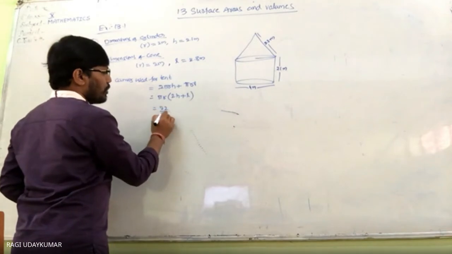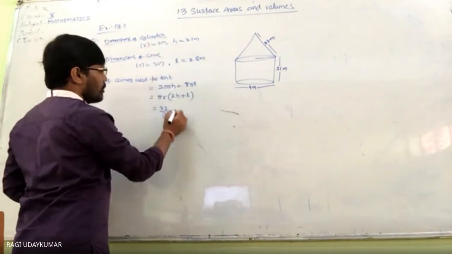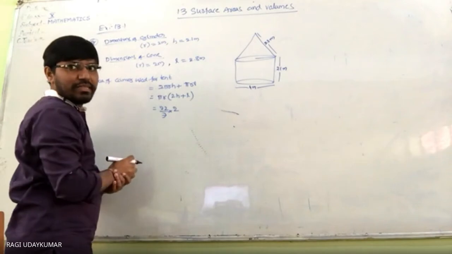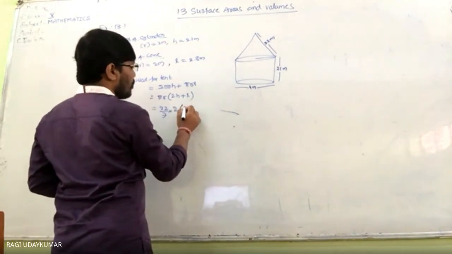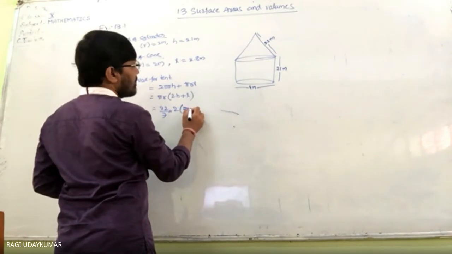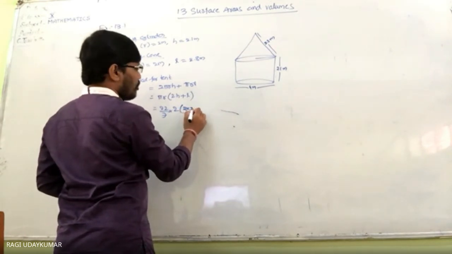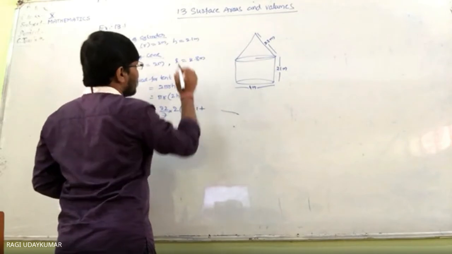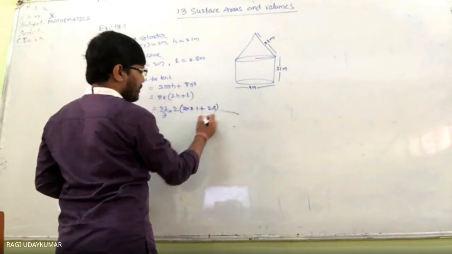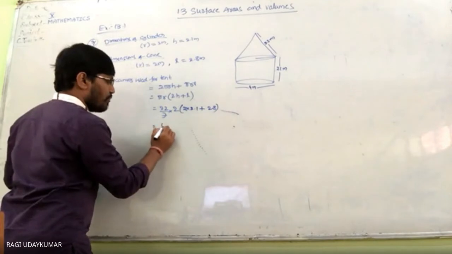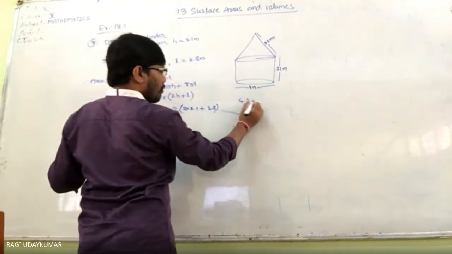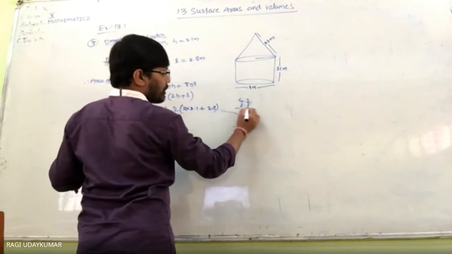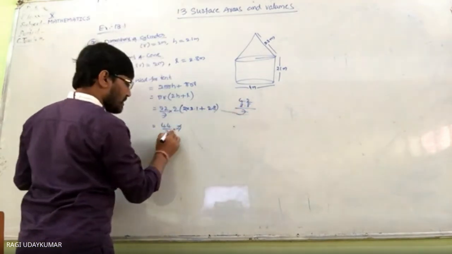So pi will be 22/7 and the radius is equals to in both the places 2 meters. Okay, and 2h, 2 into height is equals to 2.1 plus slant height is equals to 2.8. So which is equals to 44/7 into 4.2 and 2.8. This is 7 exactly. 7 will get cancelled.